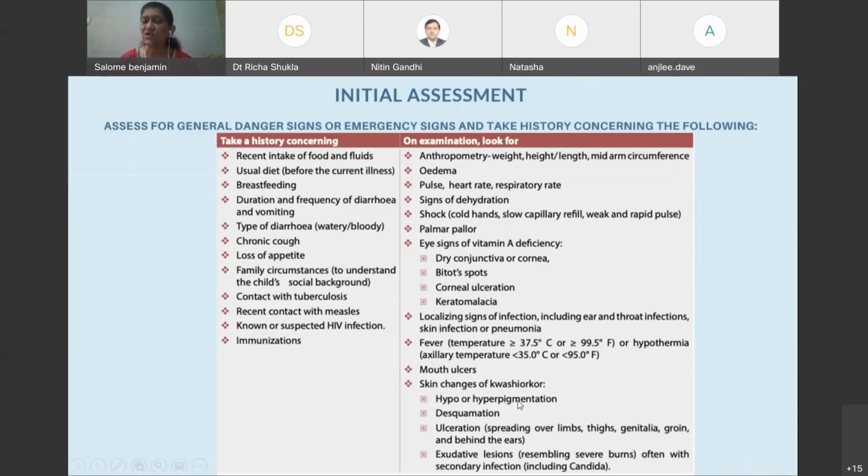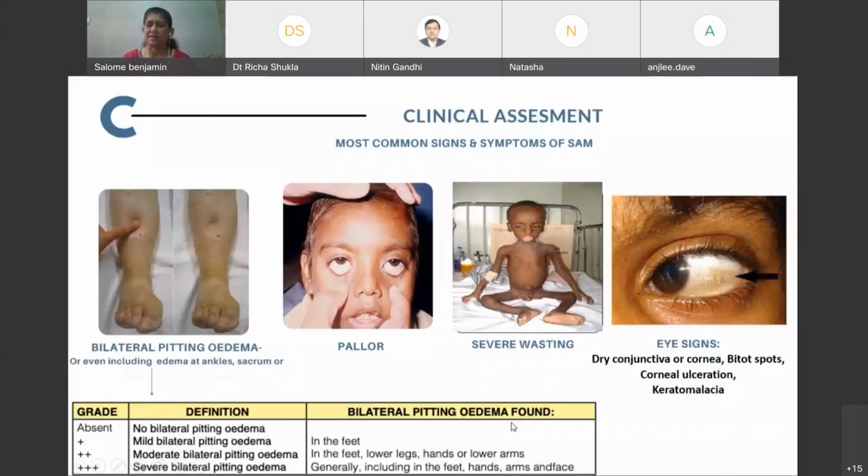This is nutrition focused clinical examination I am talking about. Desquamation, ulceration, and exudative lesions resembling severe burn, often with secondary infection including candida. Here we can see pitting edema. Here we can see pallor sign, severe wasting, and eye signs. Okay, just for images to be clear with what I have already told you.